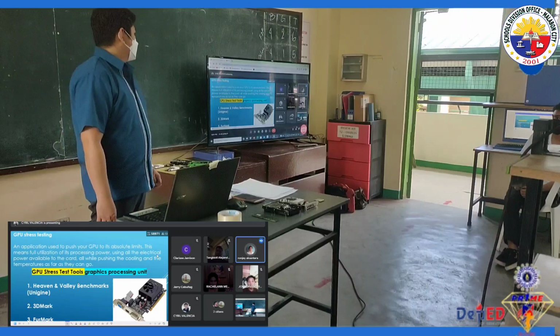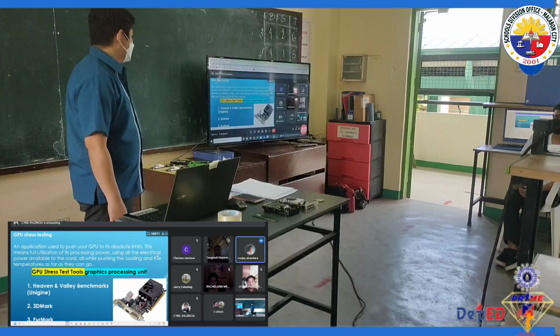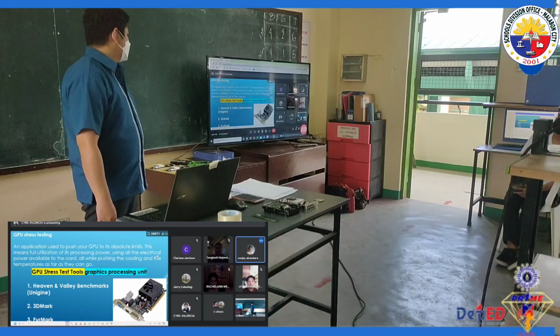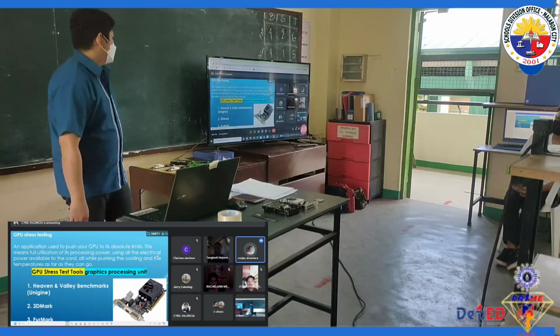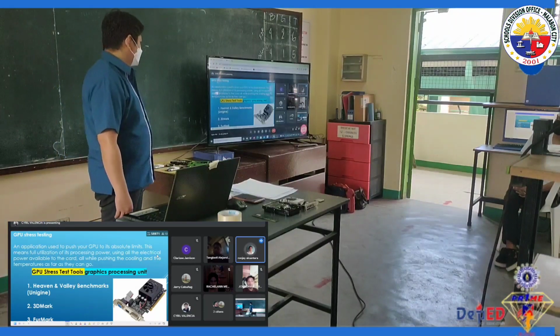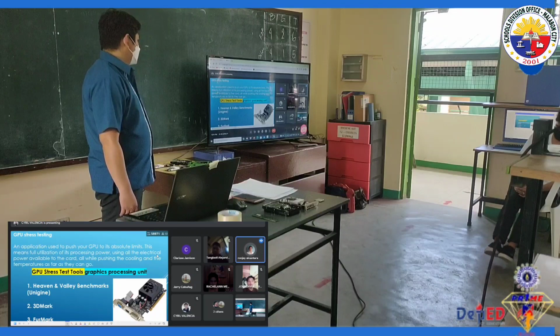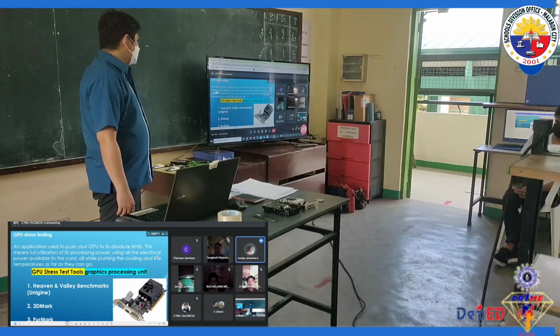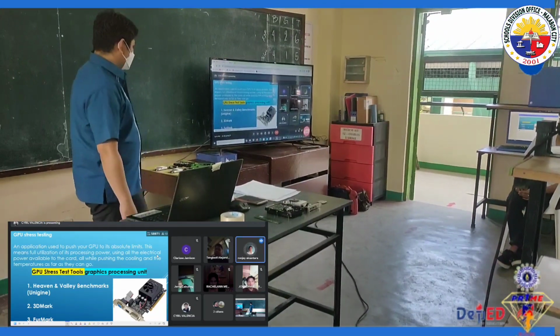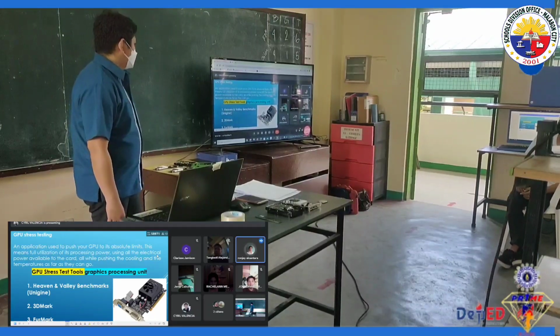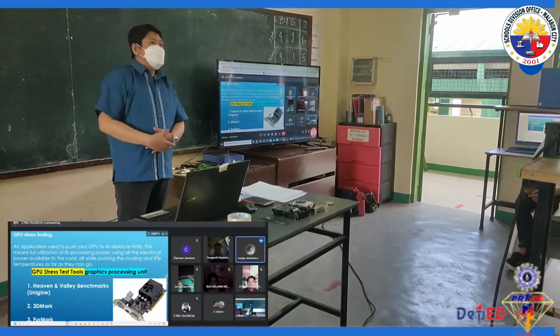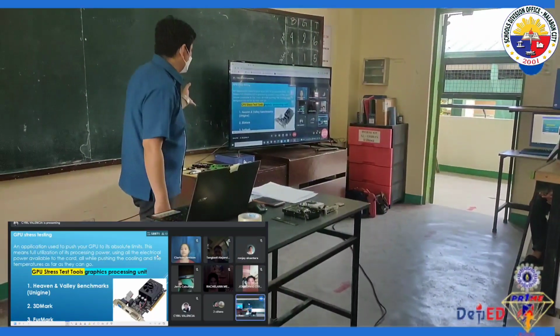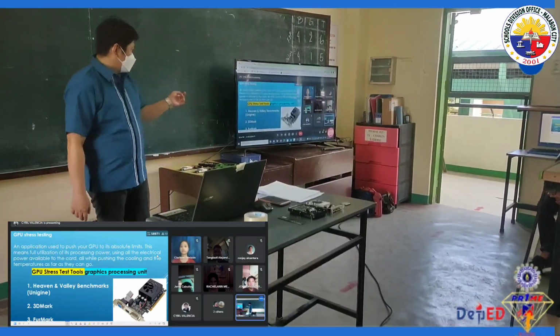An application used to push your GPU to its absolute limit. This means full utilization of its processing power, using all the electrical power available to the card, all while pushing the cooling and the temperature as far as they can go. Okay, what are those tools? John?